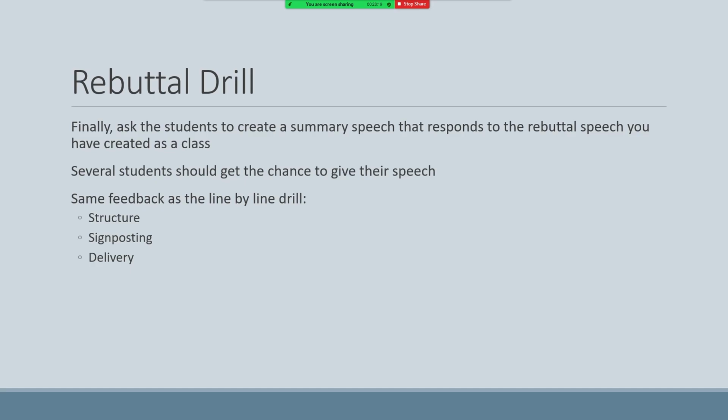No. In fact, because of the time asymmetry, right? So the constructive is 4 minutes and the rebuttal is 4 minutes. So in the summary, you have to deal with everything your opponent said in their constructive and everything your opponent said in their rebuttal, which is 8 minutes worth of arguments, and you have just 3 minutes to do it.